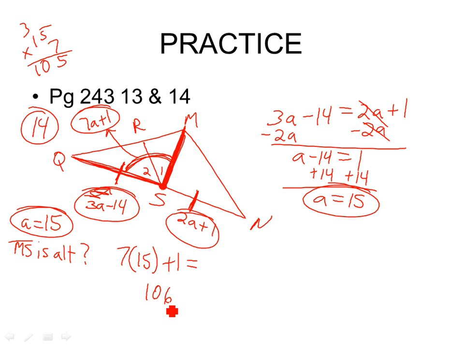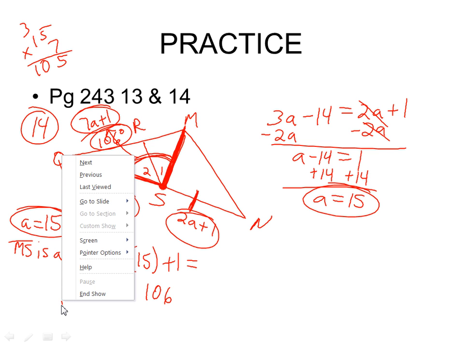So that whole angle right there is 106 degrees. Well, that's not a 90-degree angle, so is MS an altitude? No. So don't assume that it's an altitude just because in the last problem, using the same picture, it was, or because it looks like it.